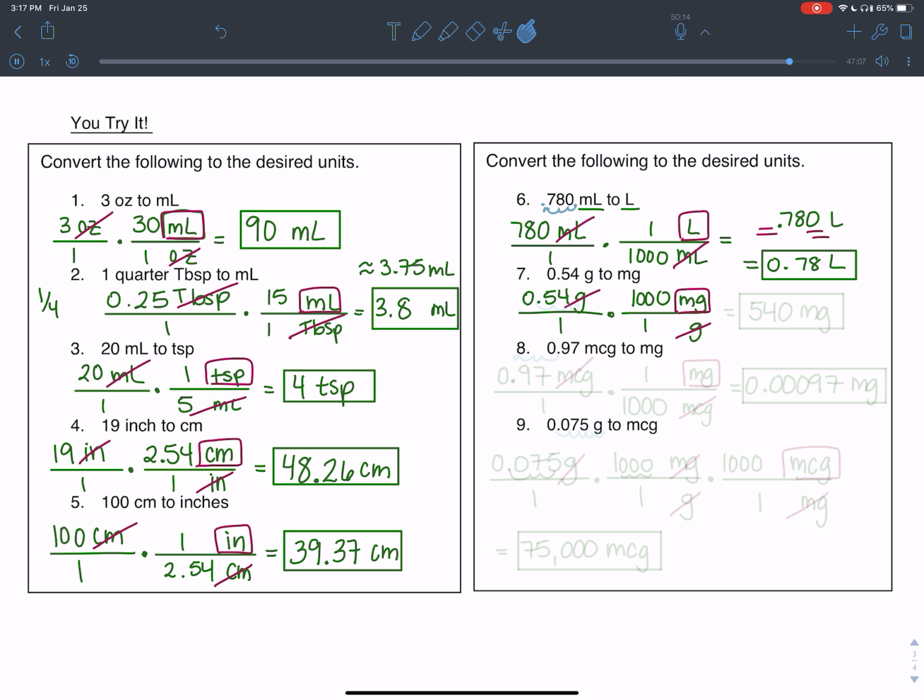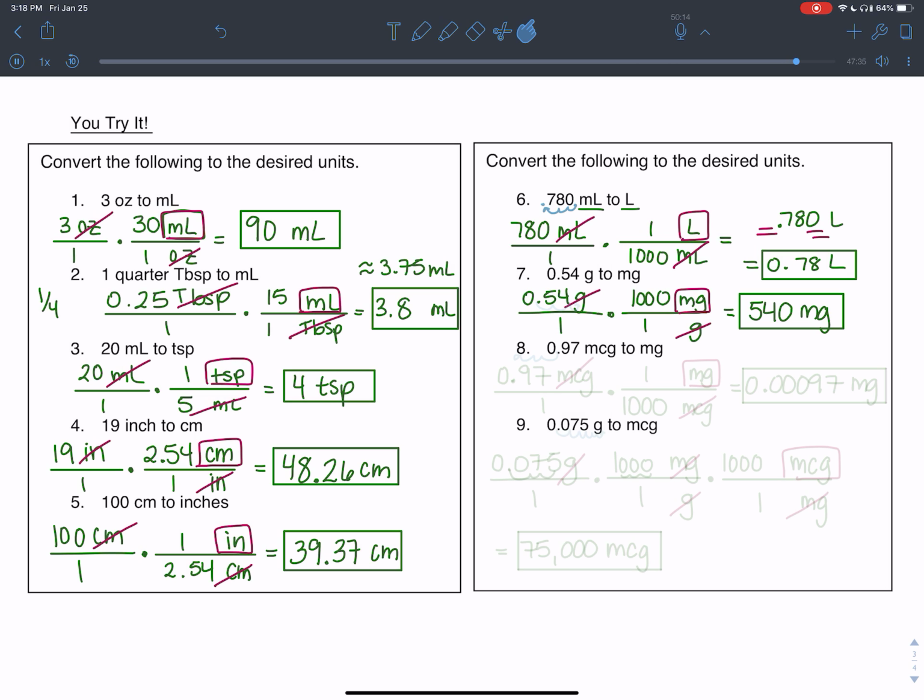Now I'm multiplying, so the zeros make this number bigger. Moving that decimal over 3 to the right, I'm going to get 540. That was horrible. 540 milligrams is what we're talking about.